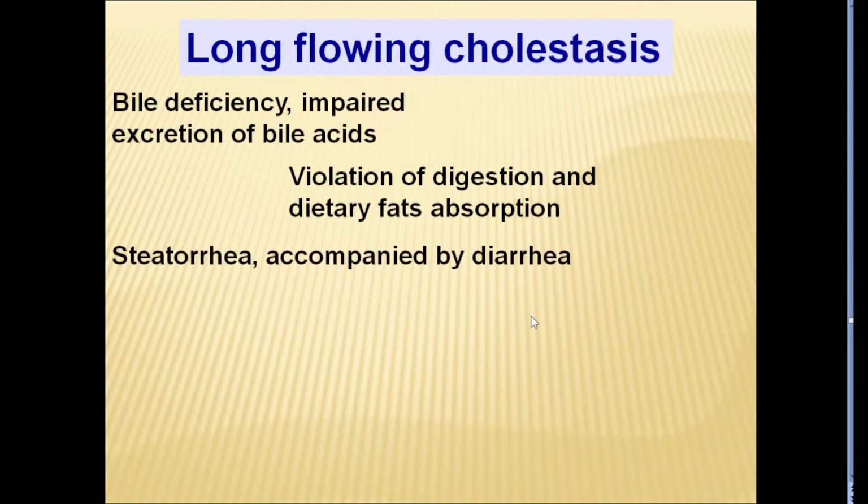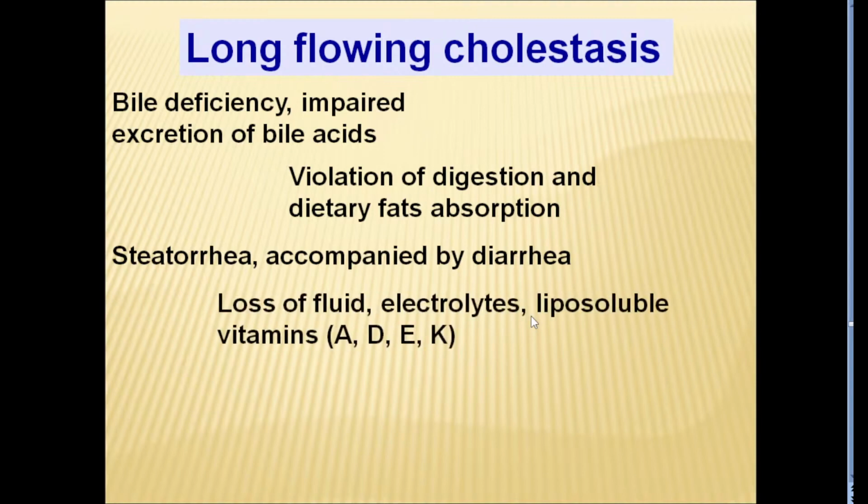As a result, fat, incompletely or completely undigested, is removed with feces, and we see steatorrhea, fatty feces. Usually it is accompanied by diarrhea. As a result, the patient loses fluid, and together with fluid he loses electrolytes dissolved in it.